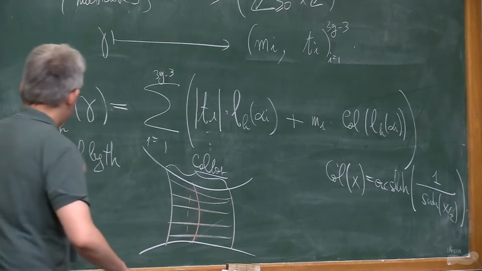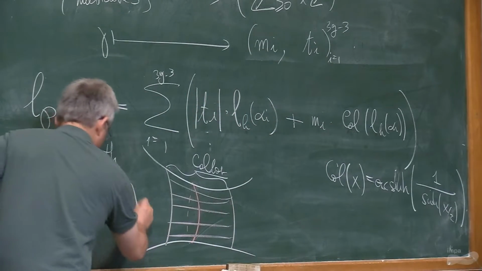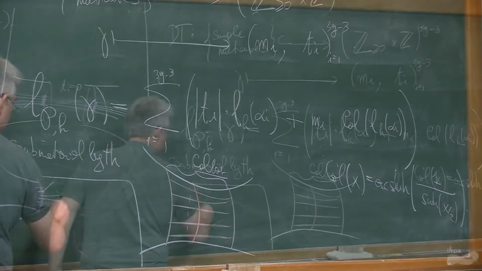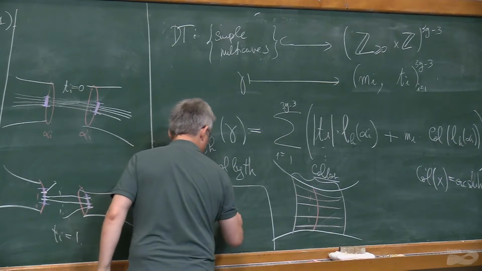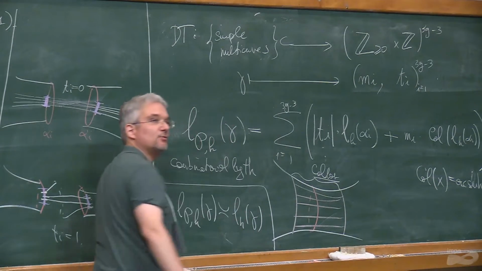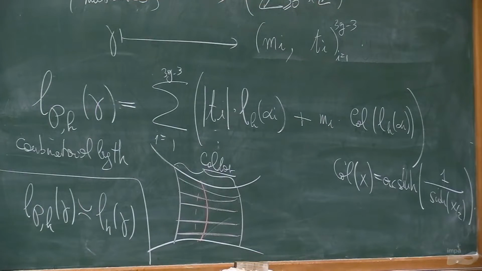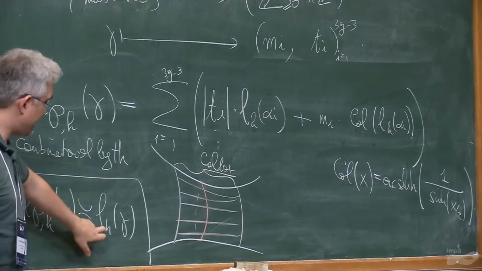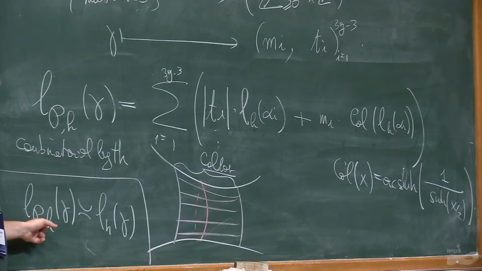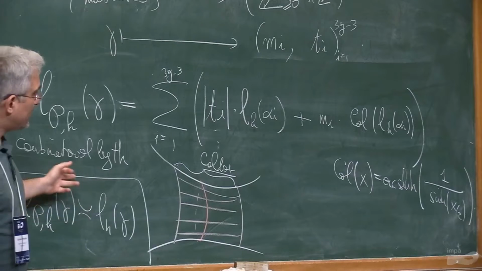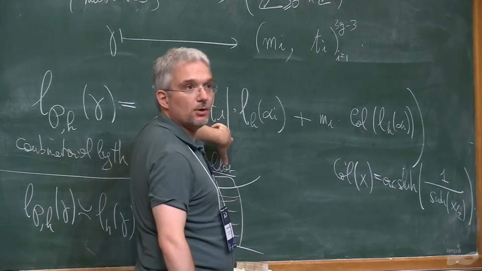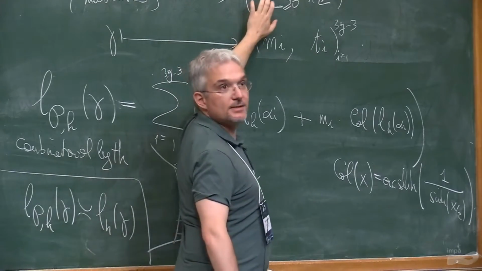So basically, the result that I told you I've seen in Mirzakhani is that this quantity is more or less the length up to a factor. So it means that if you want to count curves of certain length, then you can count curves of certain combinatorial length. And curves of certain combinatorial length are curves that sit in a ball inside this space.